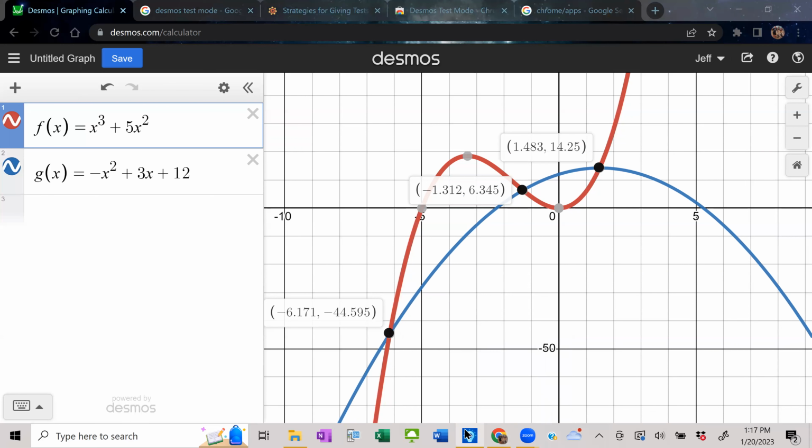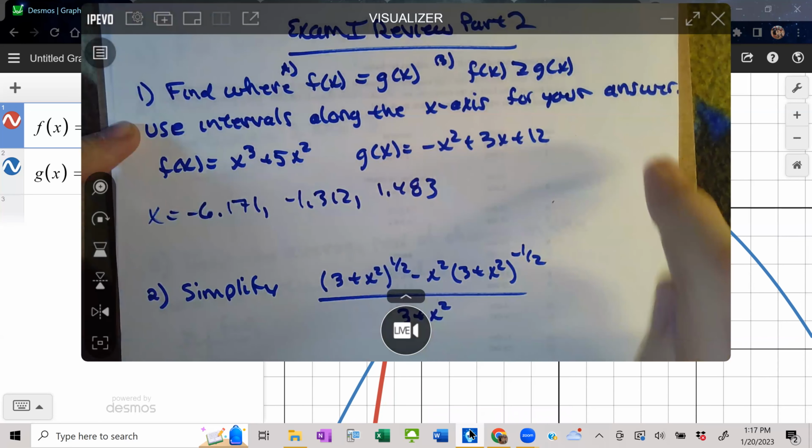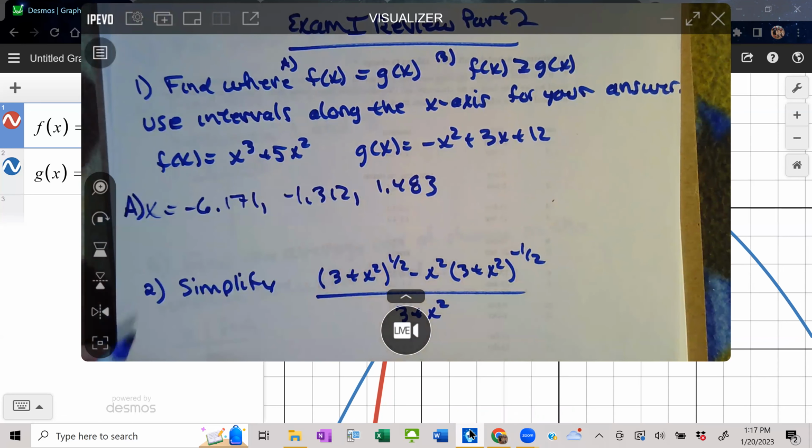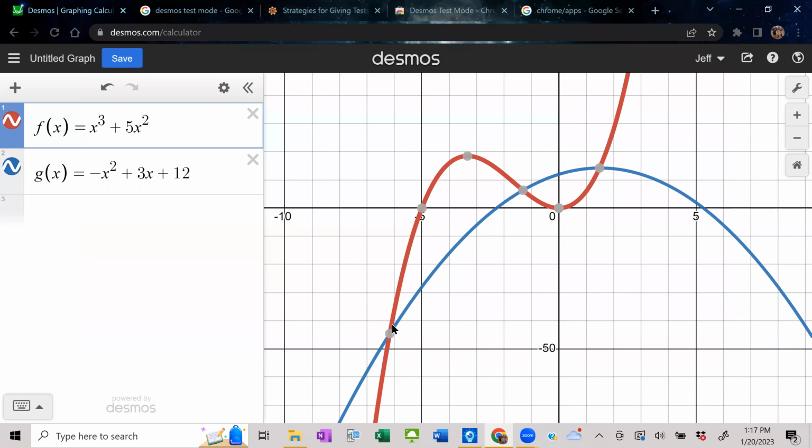That's all you're asked for right now, at least in the first part, is to find where these two functions are equal to each other. So that's part A. Part B asks you, well, where is f of x greater than g of x? Looking back at our graph, it's in this interval. We already know where these points are.